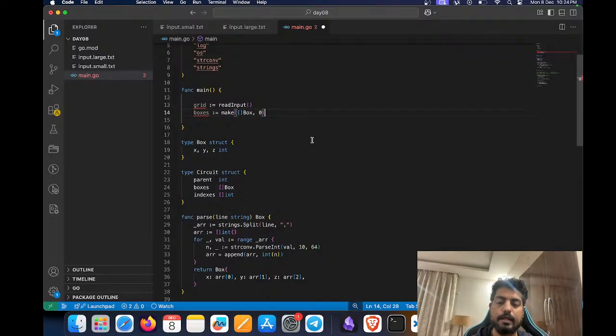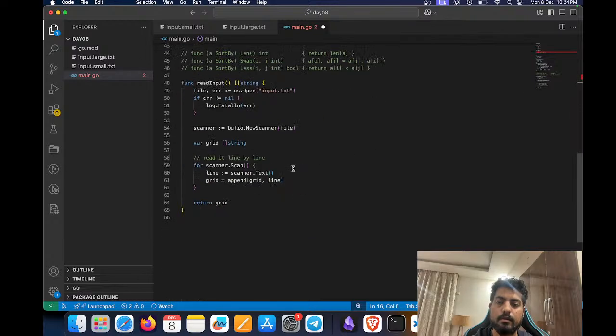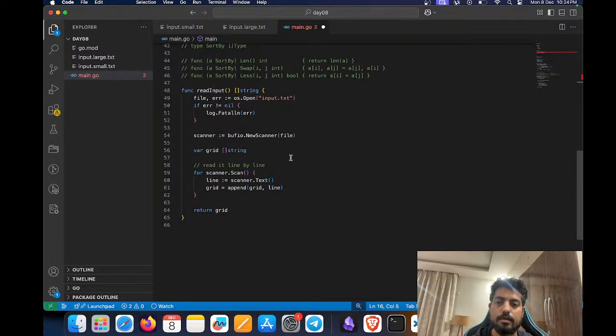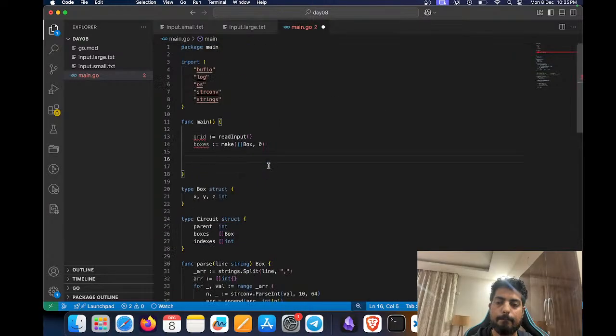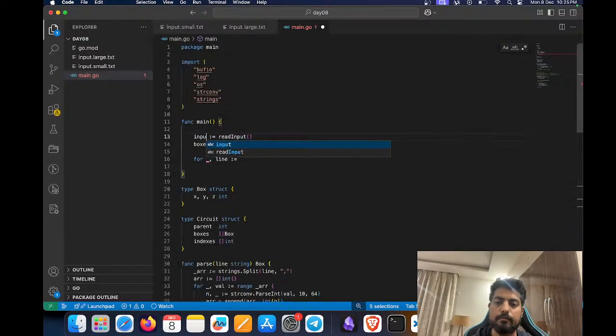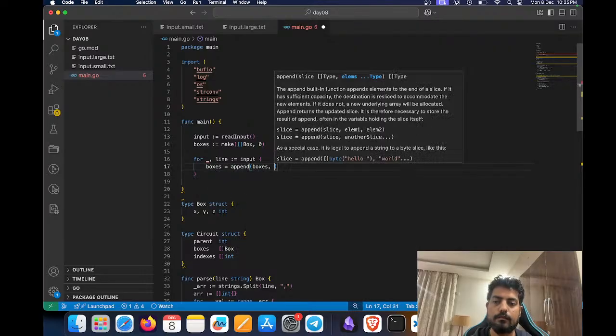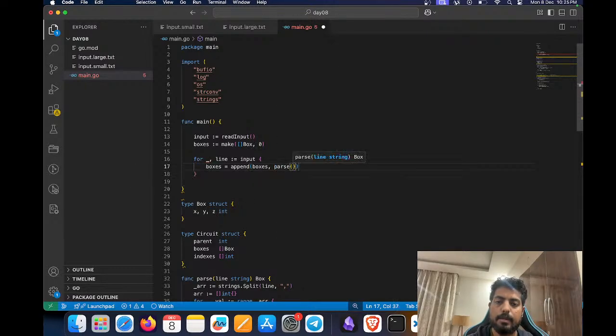Now we have boxes, which is an array of box, and for each line in the grid, or I'll just call this input. So for each line in the input, I'll convert that to a box and add it to our boxes array. Parse line.